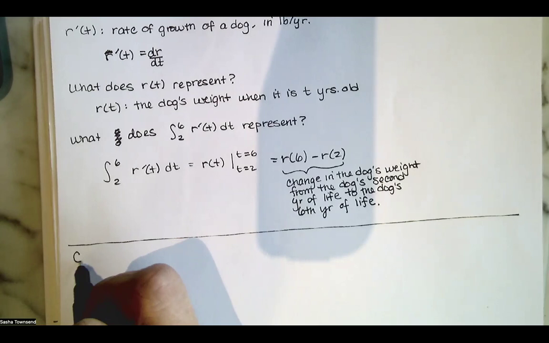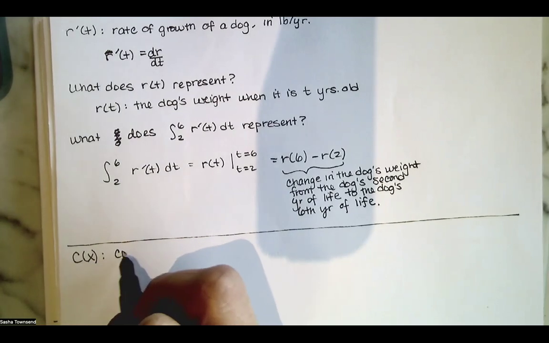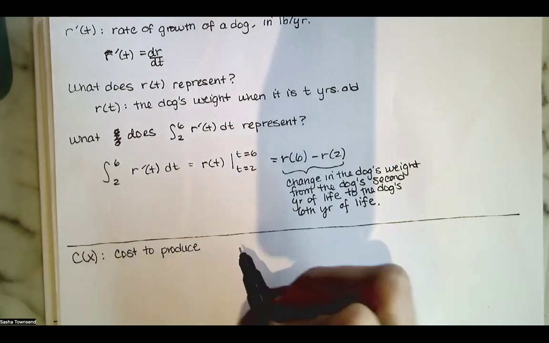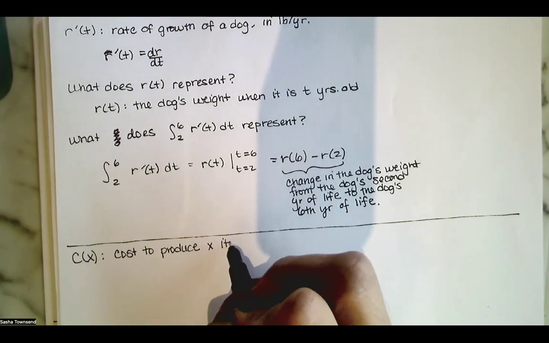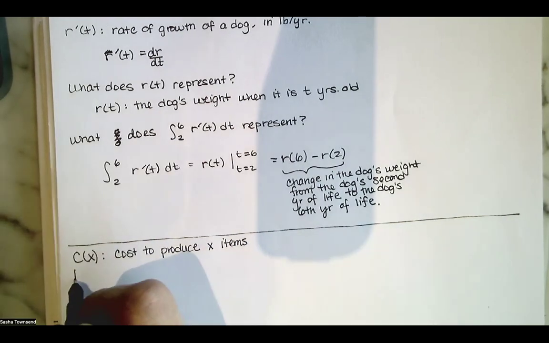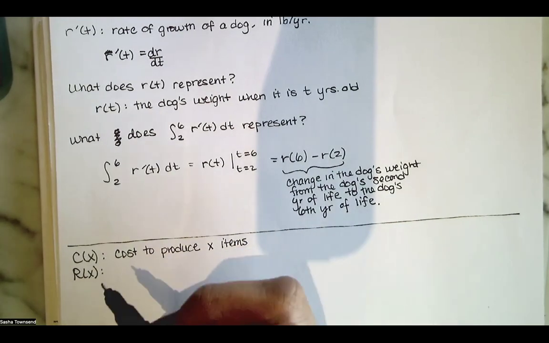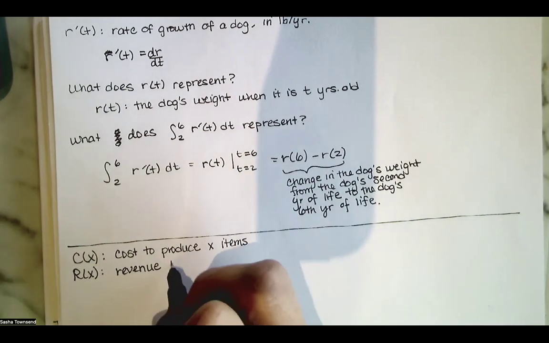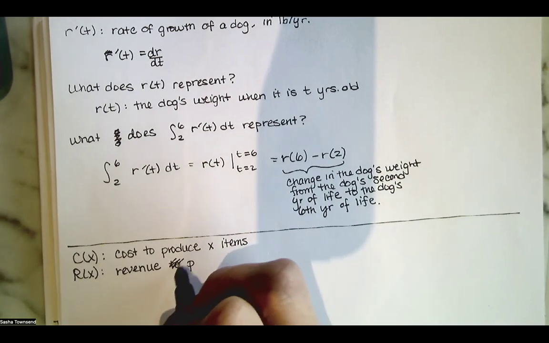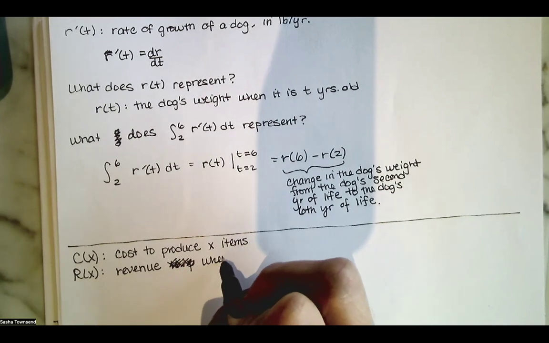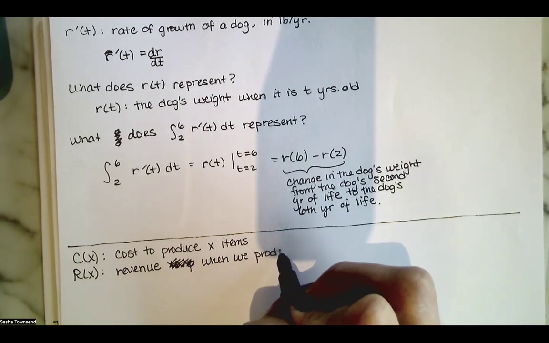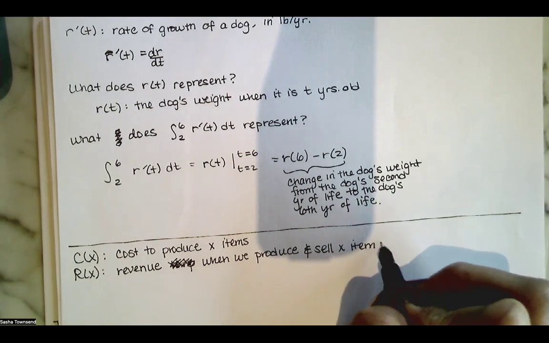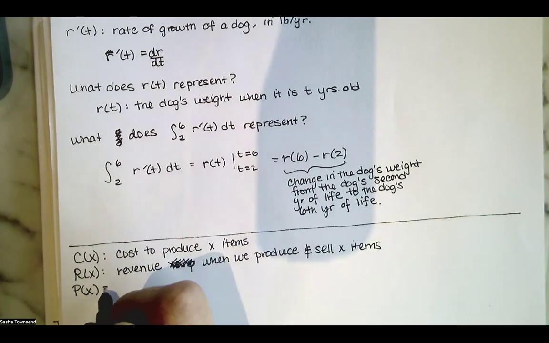Well, if C of X represents the cost to produce X, let's just say items, and R of X is the revenue when we produce and sell X items, and profit is revenue minus cost.